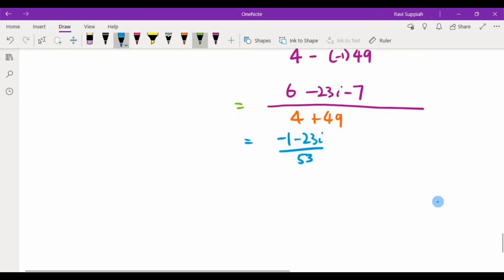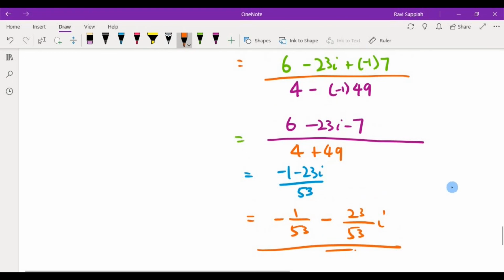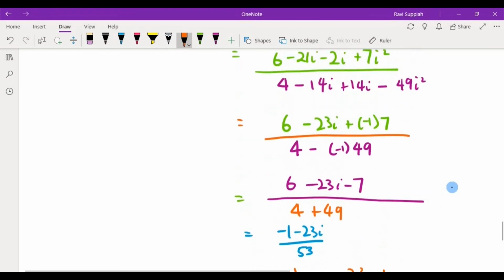Normally we will write it as minus 1 over 53 minus 23 over 53 i. That is the final answer for this complex number division.